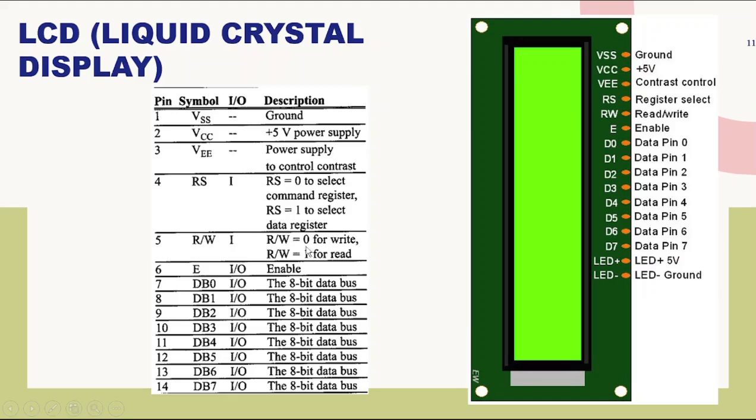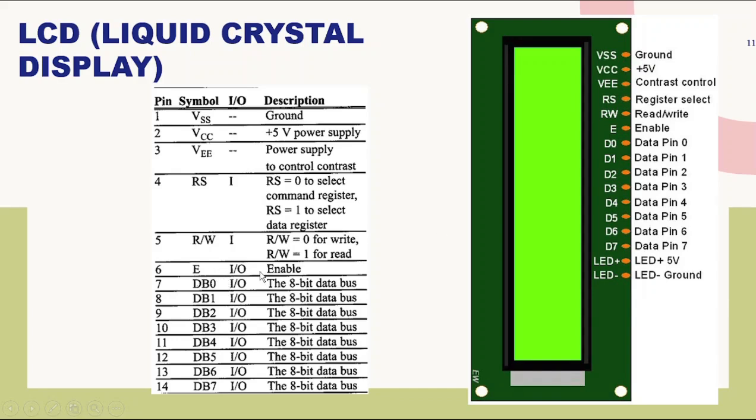The R/W pin should be 0 if we are outputting the data in the data pins, and the R/W pin should be 1 if we are inputting the data in the data pins.